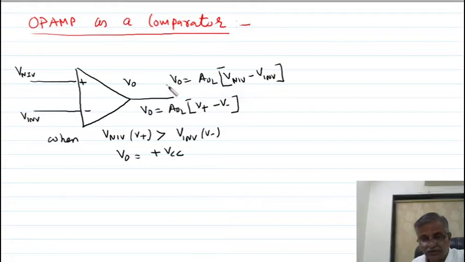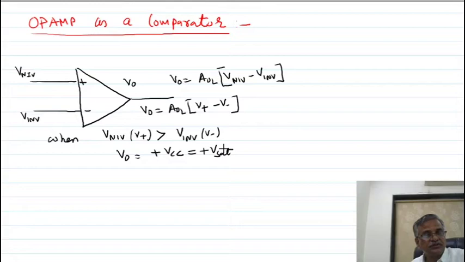But the output cannot be infinite, even though AOL is infinite. When this voltage is more than this voltage, AOL is multiplied by a positive voltage, so infinite positive is not possible. So we limit it to plus VCC. The maximum voltage you will get is plus V saturated.